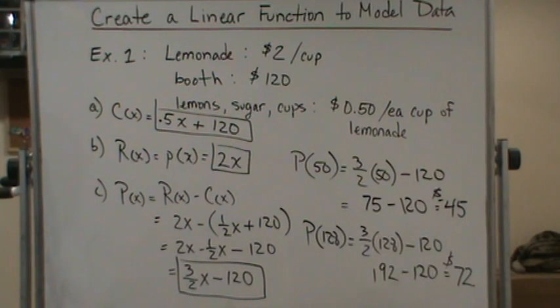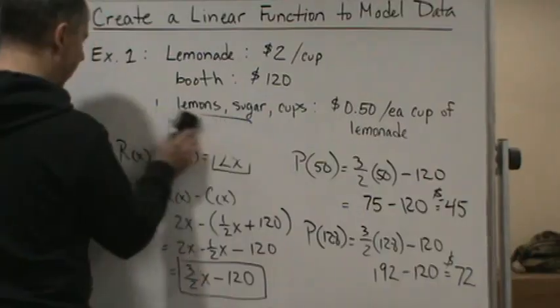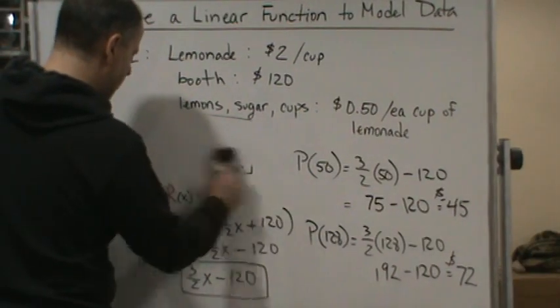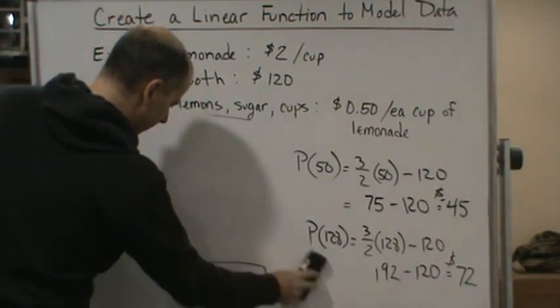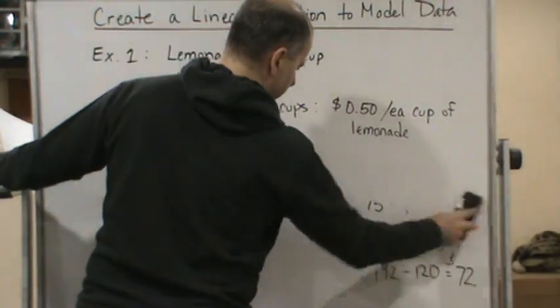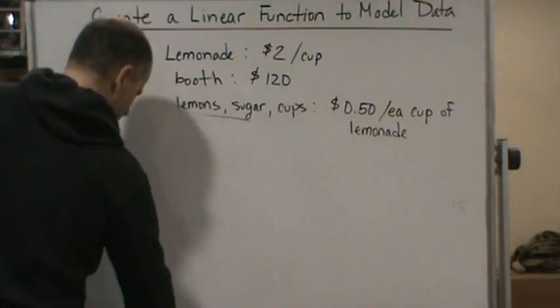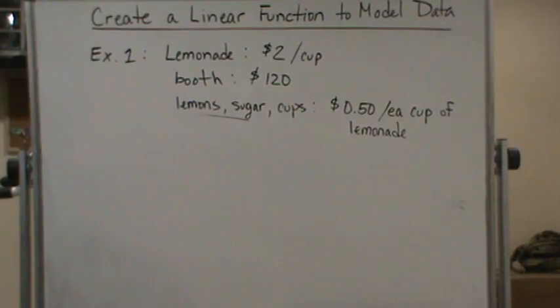Okay. Now the last question they ask is, what about the break-even point? How many cups of lemonade would I need to sell in order to break even? So that would mean that my revenue and my cost are the same, which means my profit would be 0.